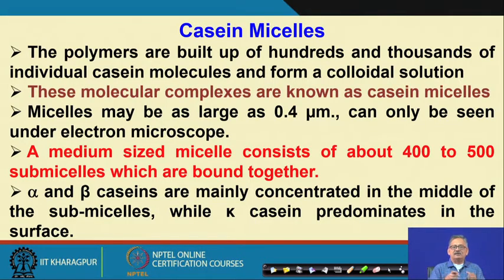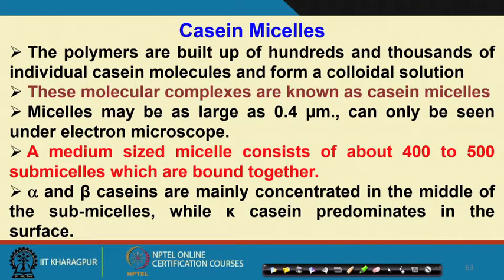We know that casein is present in the colloidal form. So, in this colloidal form, hundreds and thousands of individual casein molecules form these colloids, the colloidal state in the milk, right.